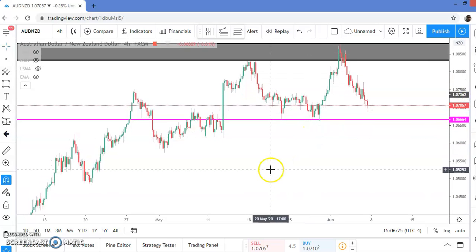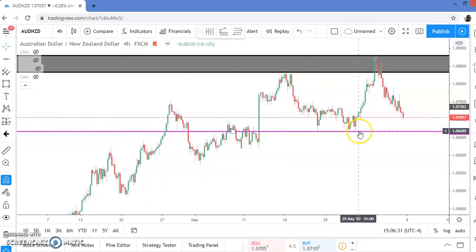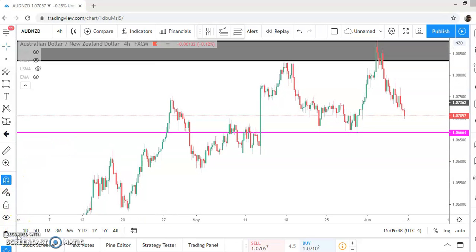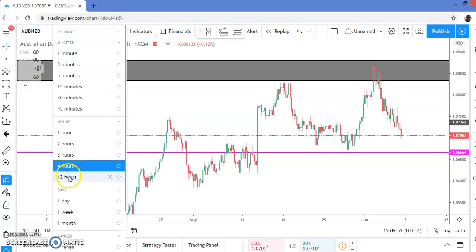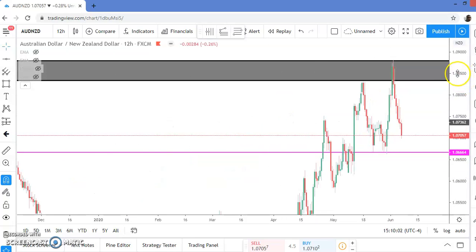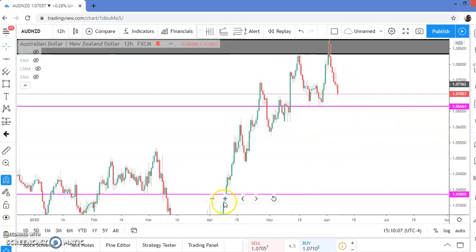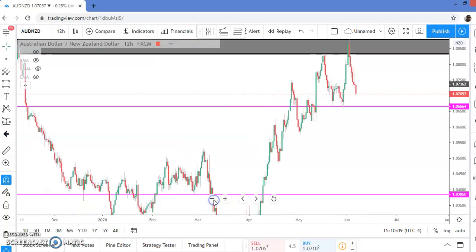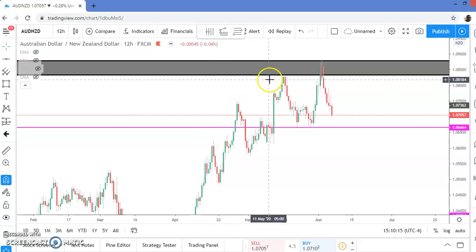And on the 4-hour, we kind of see this trend, this upward trend, right? Now we're going to cover trend lines in more detail in another video, but I just wanted to go back to the 12-hour to kind of put brackets or trend lines around this upward moving channel.